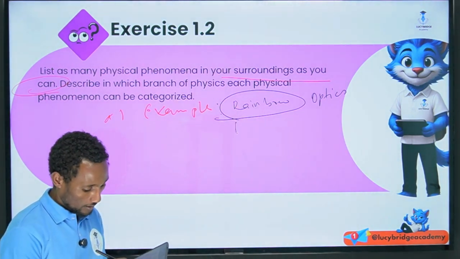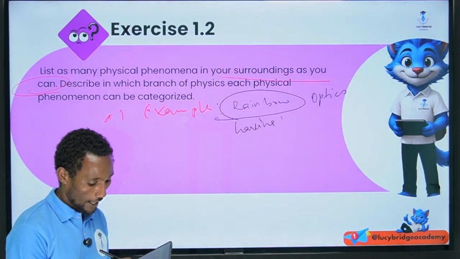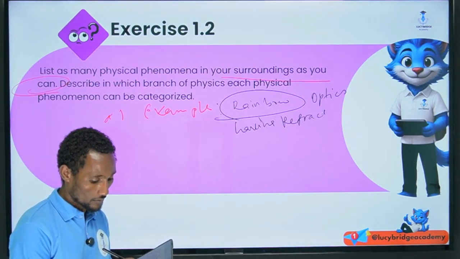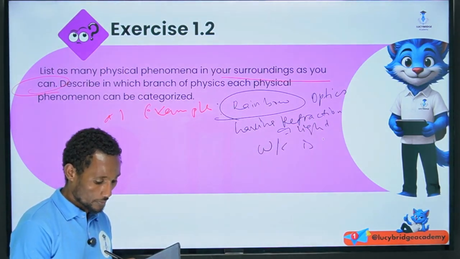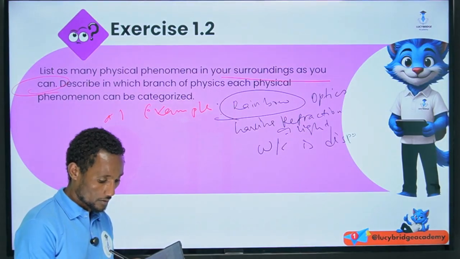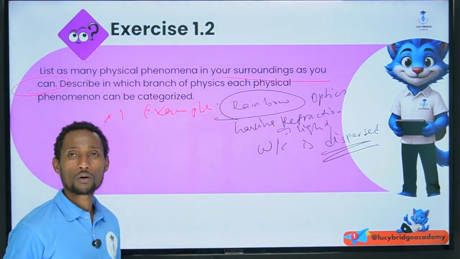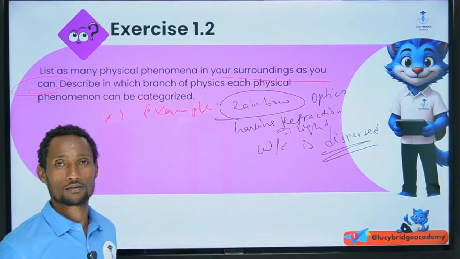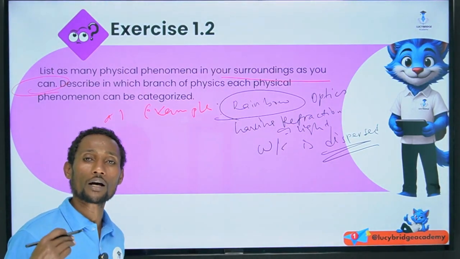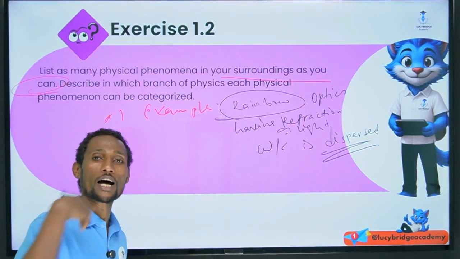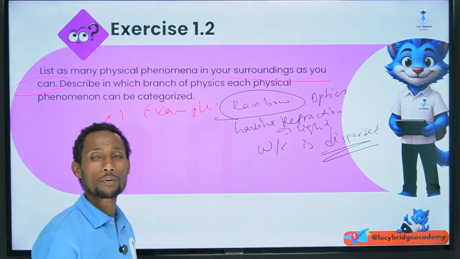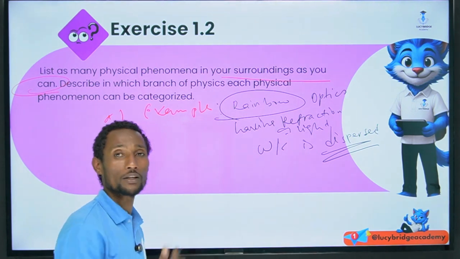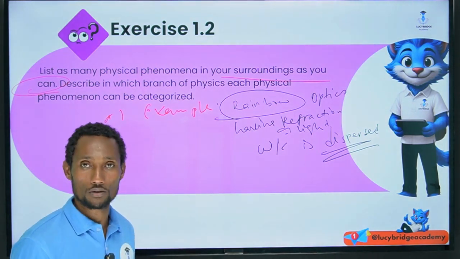Having a refraction of light, which is dispersed. Having the dispersion of light. When light is refracted inside the cloud, like in a prism, it gives seven colors. The white light is refracted to give seven colors through dispersion.